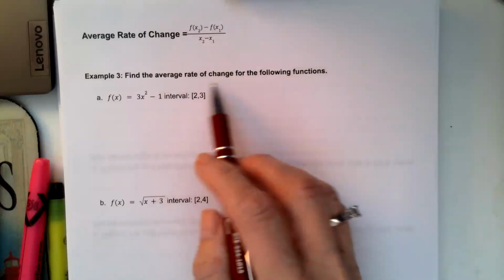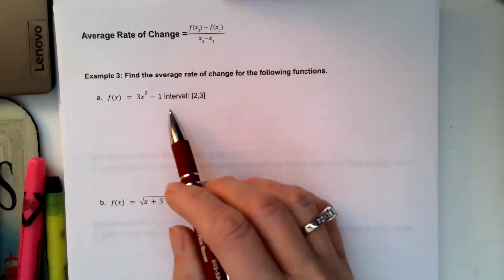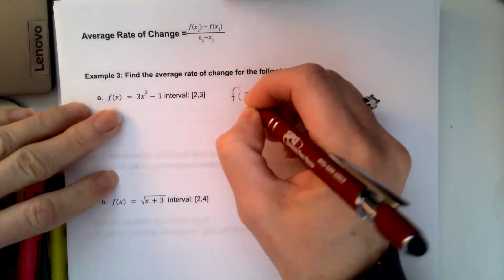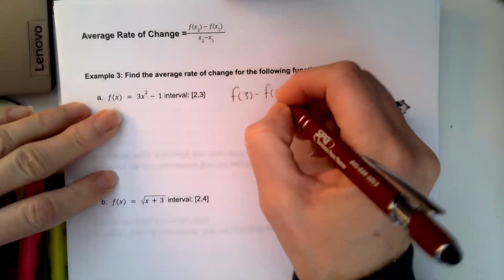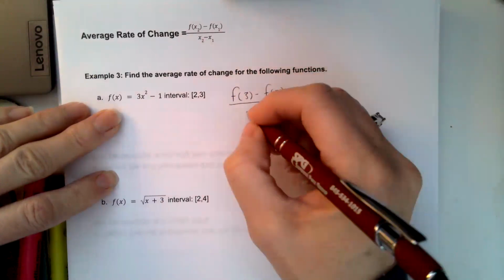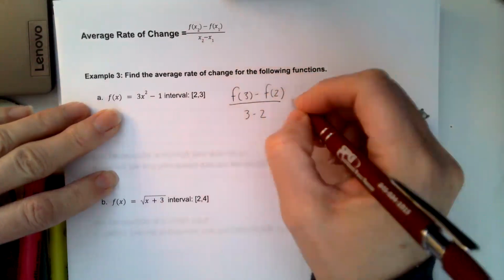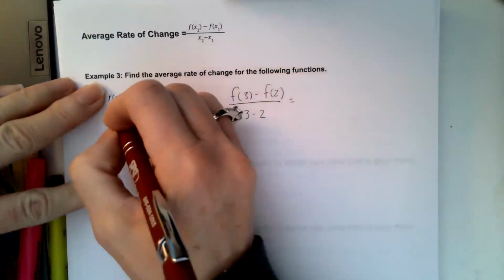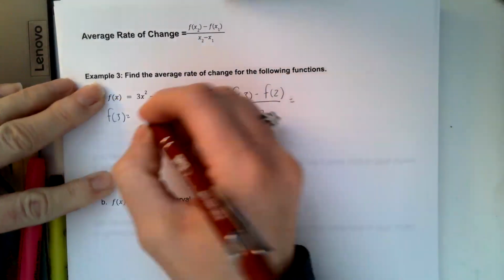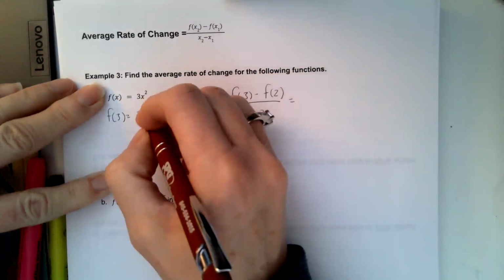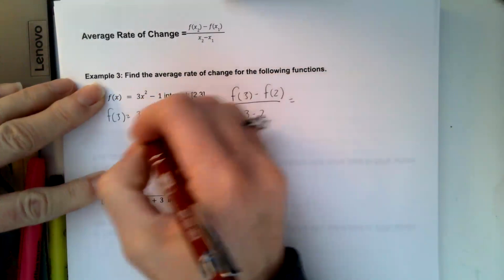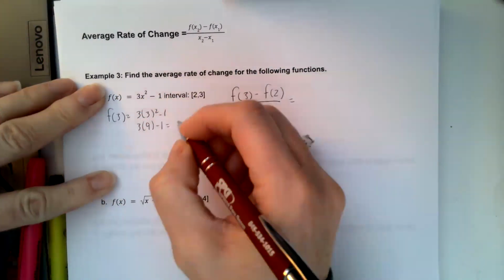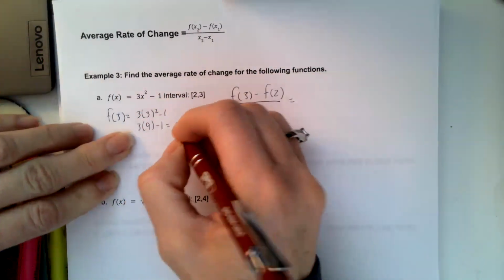So it says find the average rate of change for the following functions. So we're going to evaluate the function at 3 and then evaluate the function at 2 and take the difference. And then we're going to take 3 minus 2. So the function evaluated at 3 is 3 times 3 squared minus 1. 27 minus 1 is 26.